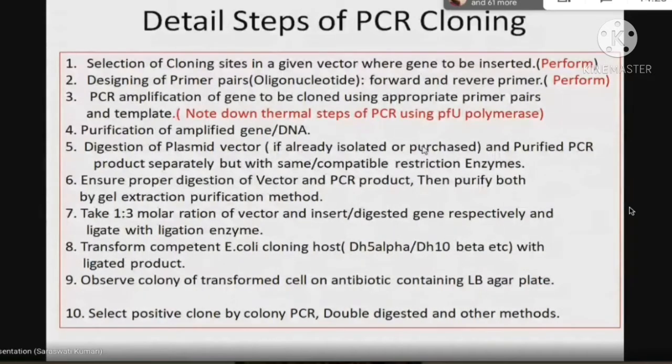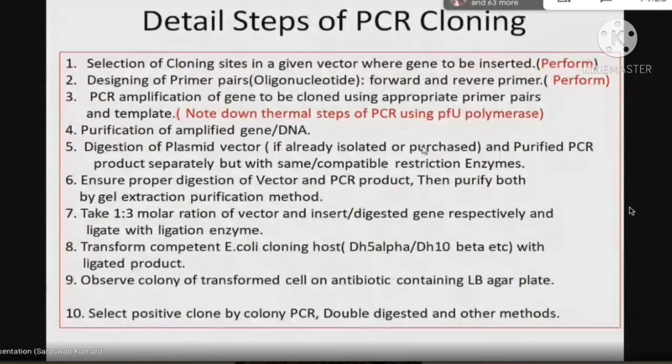So we will discuss in detail PCR based cloning. How can we start PCR cloning? Suppose you have to clone some gene X into an expression vector, suppose a pET vector. So how can we start?